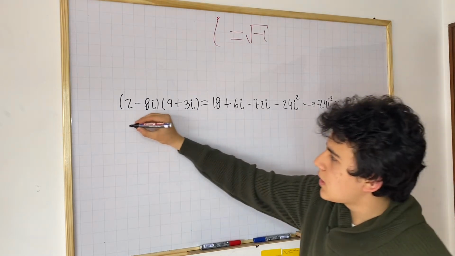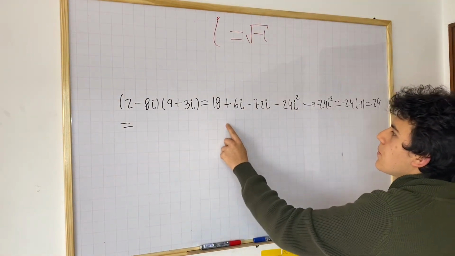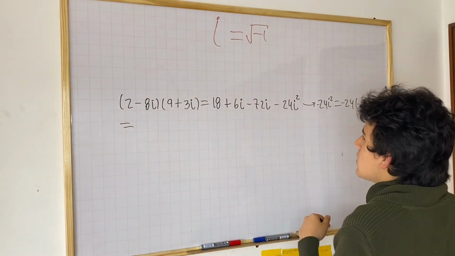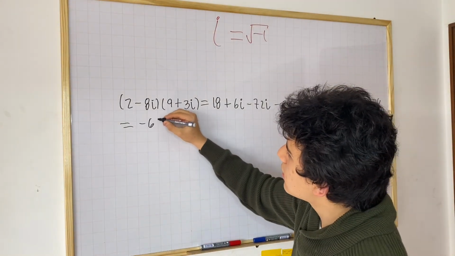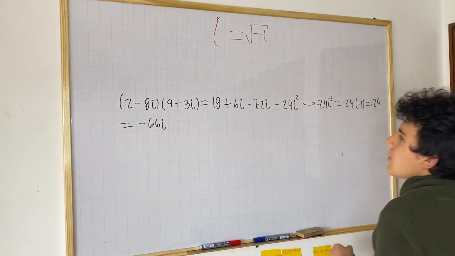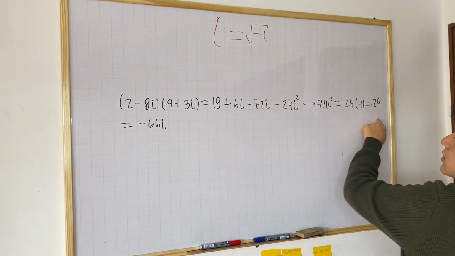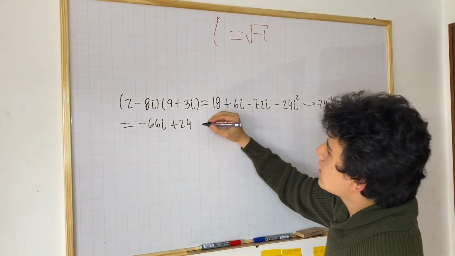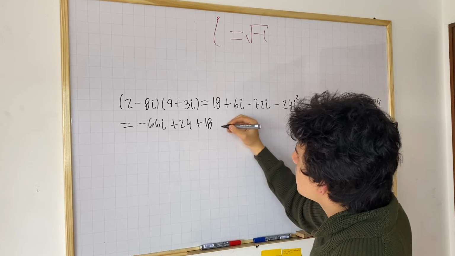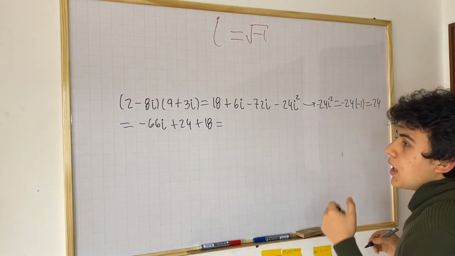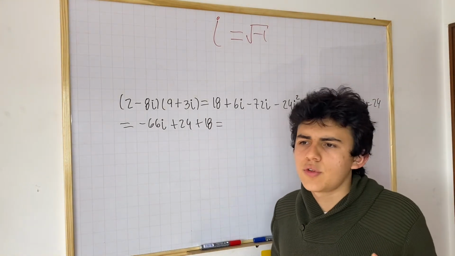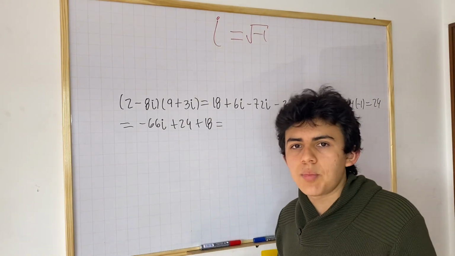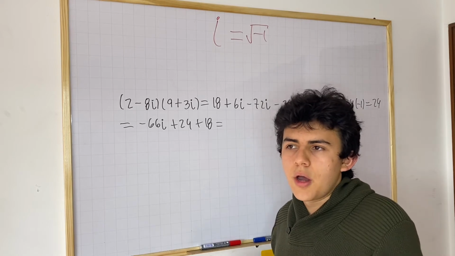So let's keep going here. We would get these two terms. This would give us minus 66i. And now this was simply 24 plus 24, and don't forget this 18 plus 18. Now you could do something, and that is that for common notation, we generally write first the real part, then the non-real part.